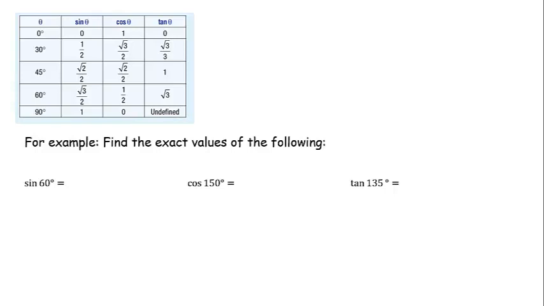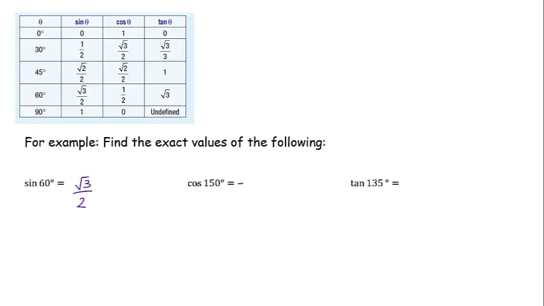Okay, so we're going to use what we did with the obtuse angles here, combined with our knowledge of these special angles to work out the exact values of the following. So the first one here is pretty easy because we've got an acute angle. Sine of 60 degrees, we can just read off the chart, is root 3 over 2. Now the cos of 150 degrees, we've got to relate that to its acute supplementary angle.